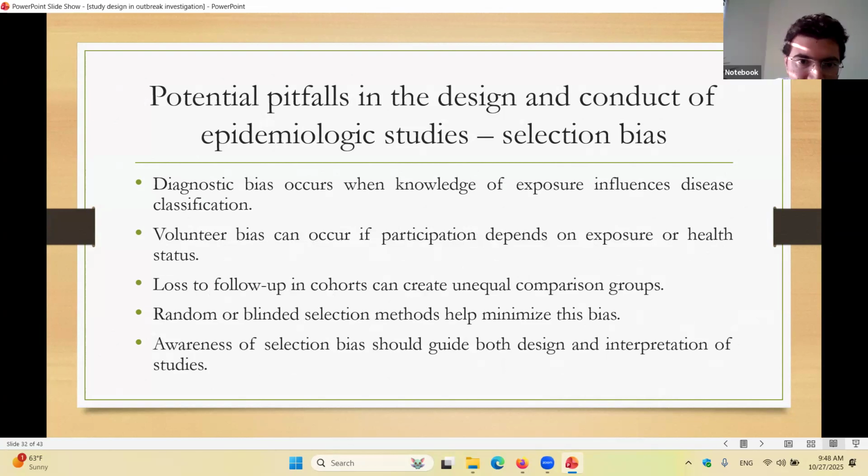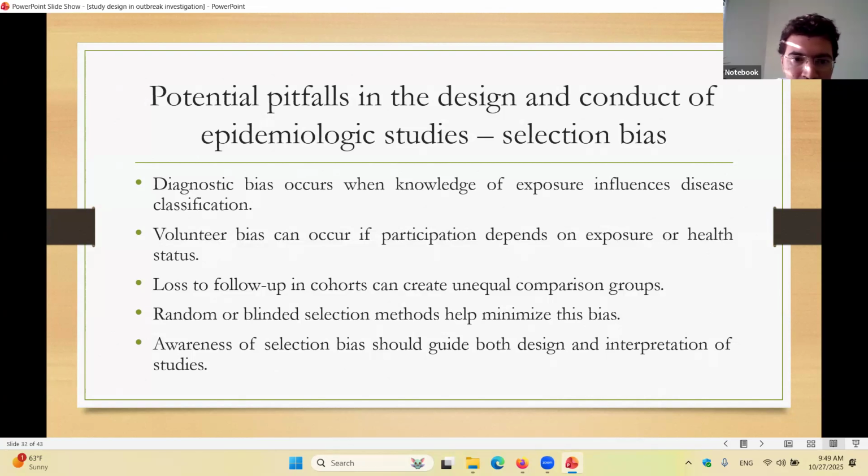Diagnostic bias occurs when knowledge of exposure influences disease classification. Volunteer bias can occur if participation depends on exposure or health status.